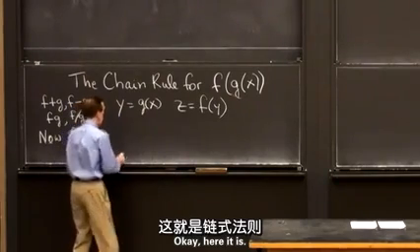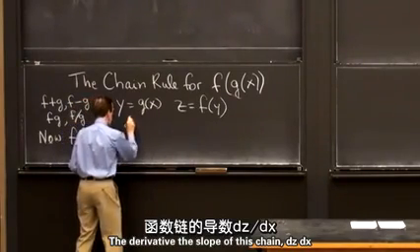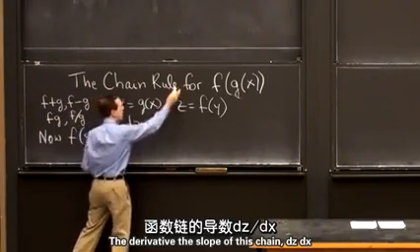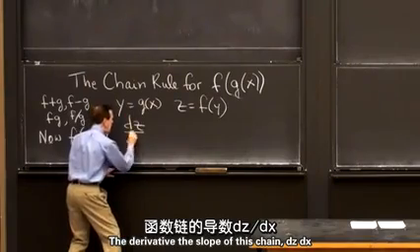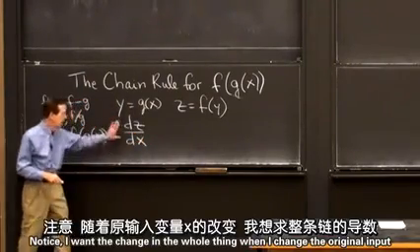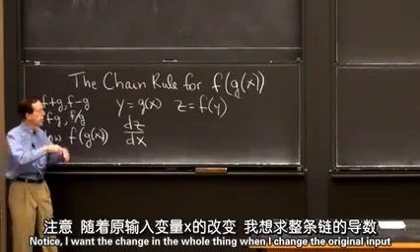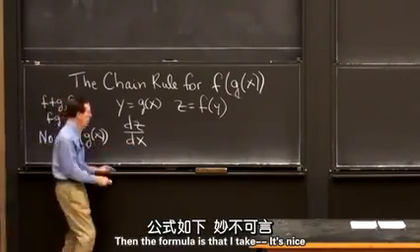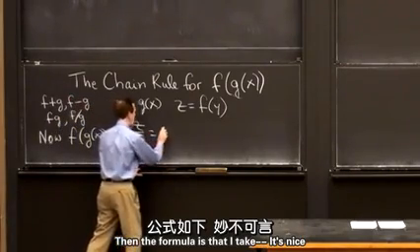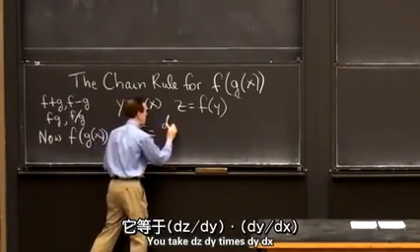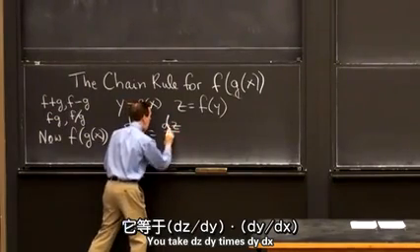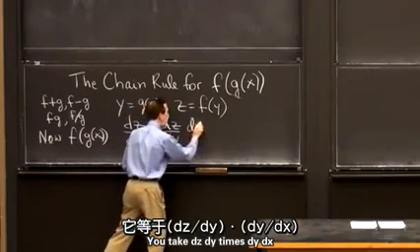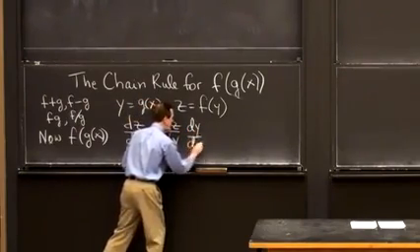Okay, here it is. The derivative, the slope of this chain, dz dx. Notice I want the change in the whole thing when I change the original input. Then the formula is that you take dz dy times dy dx.